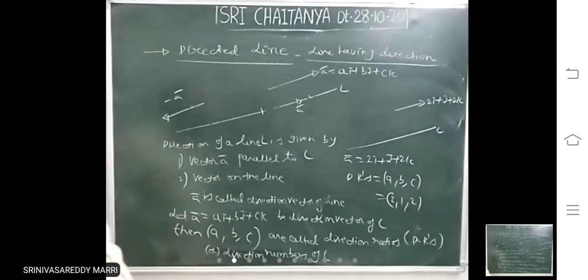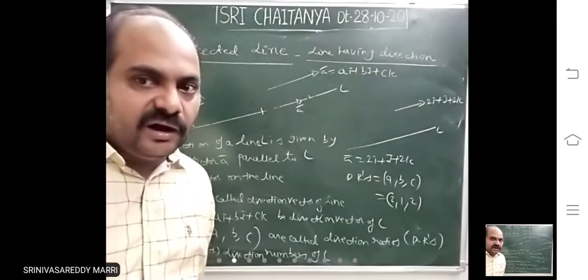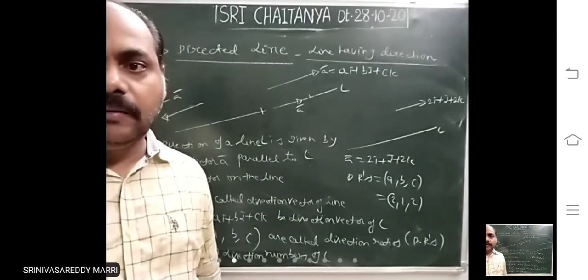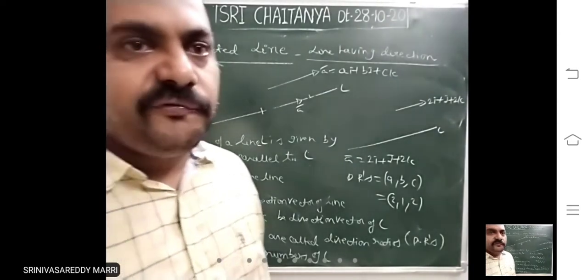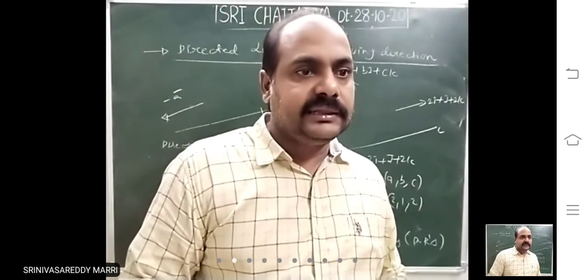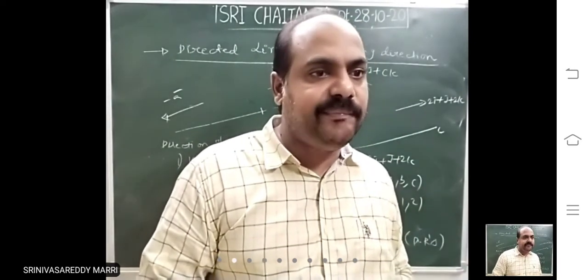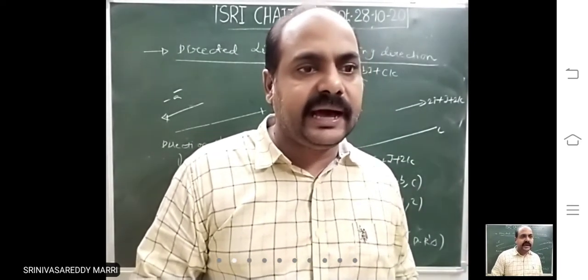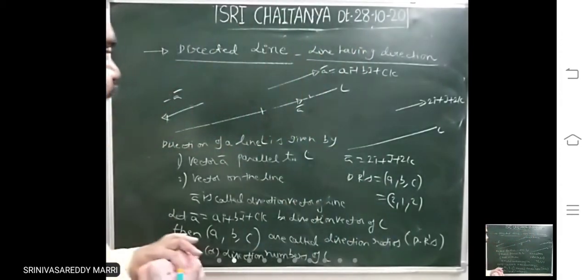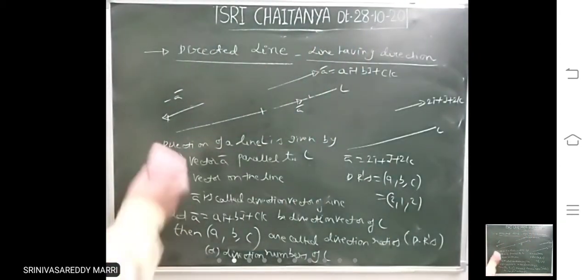Those are nothing but direction ratios. That means along that line, on that line, or parallel to the line, if you find a vector, then take that vector and write the coefficients. Those are nothing but A, B, C, the DRs of that line. So that is about DRs.